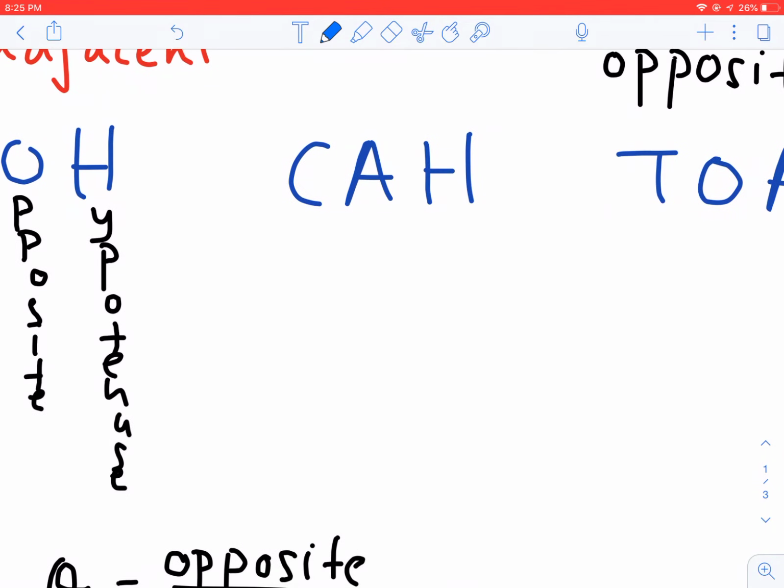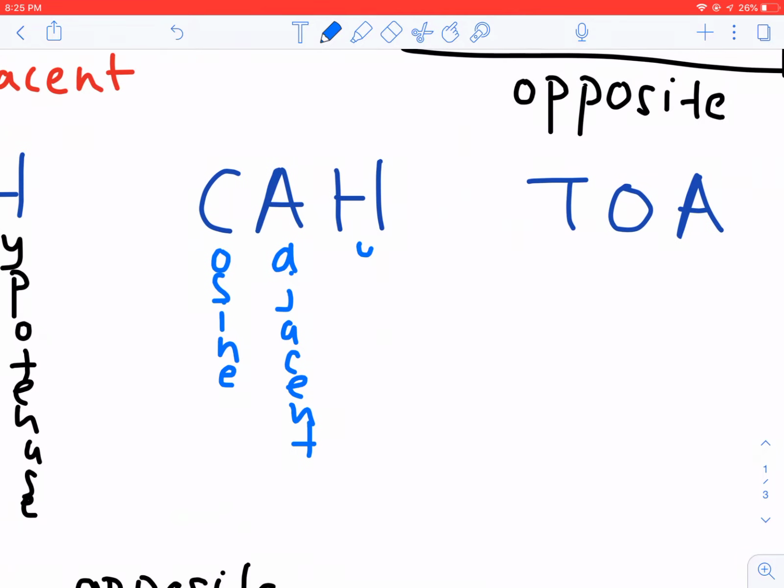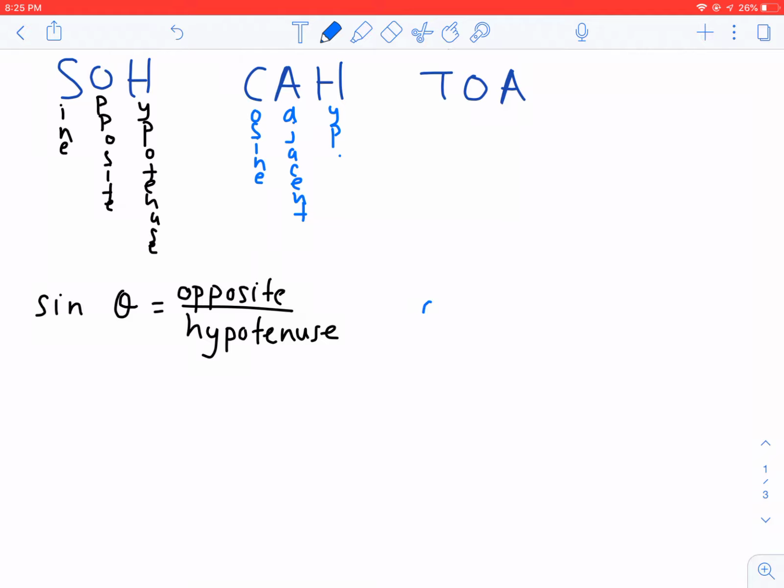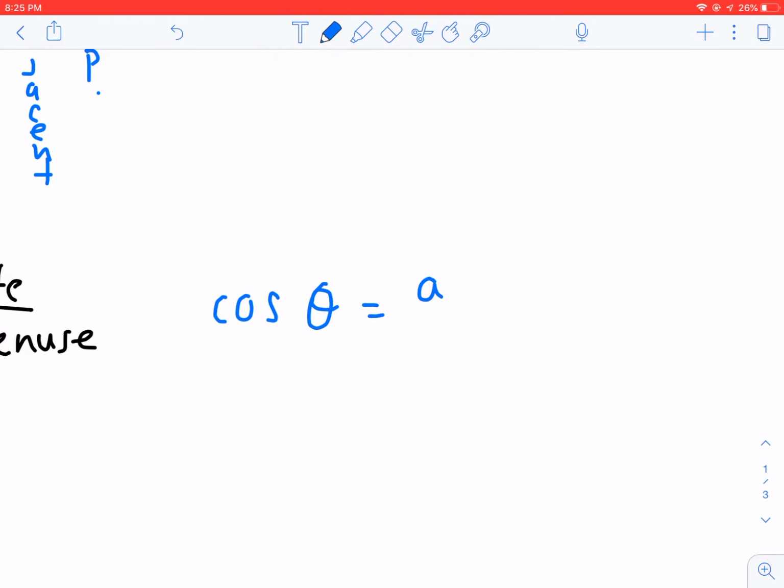All right, C stands for cosine, and that's going to be the length of the adjacent side over the length of the hypotenuse. So COS, the abbreviation for cosine, is equal to the adjacent over the hypotenuse.